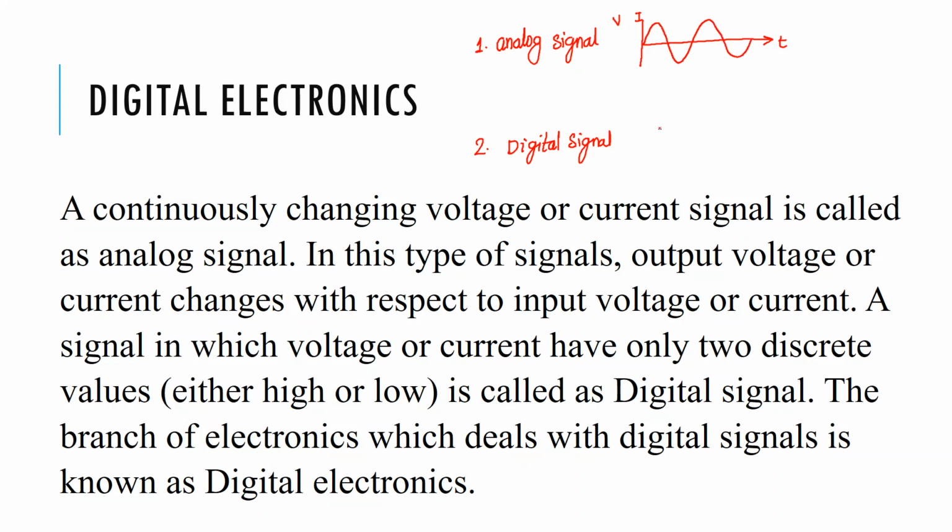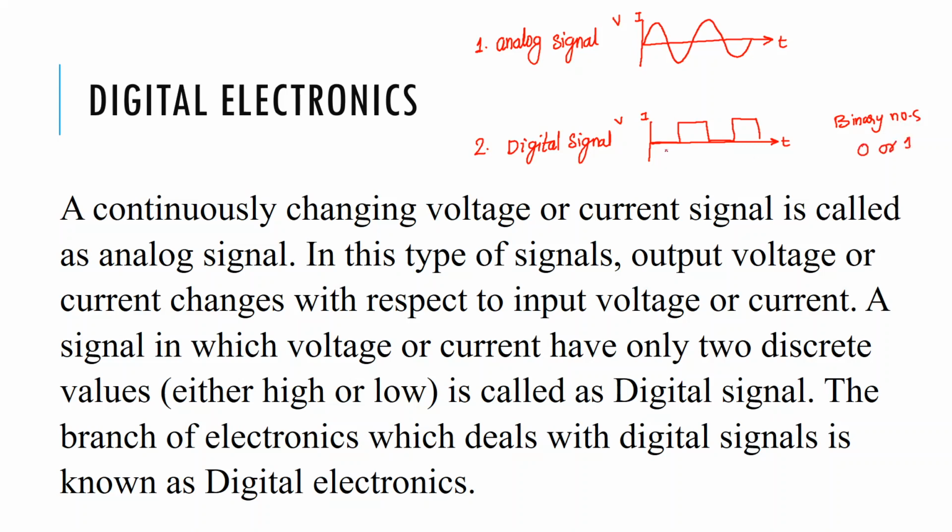Similarly, digital signals can have only two discrete values. Either it can be high or it can be low. And these are discrete signals, not continuous. Suppose this is voltage or current. Either it can have a low value or a high value. Generally, digital signals are represented by binary numbers, that is 0 or 1.